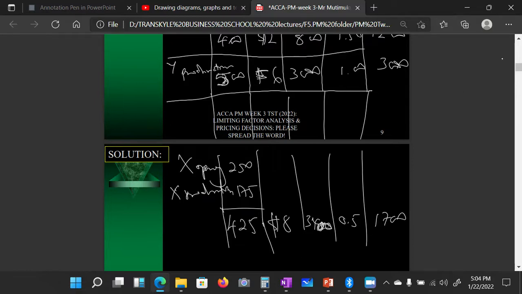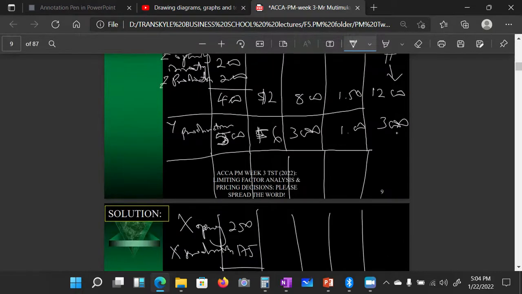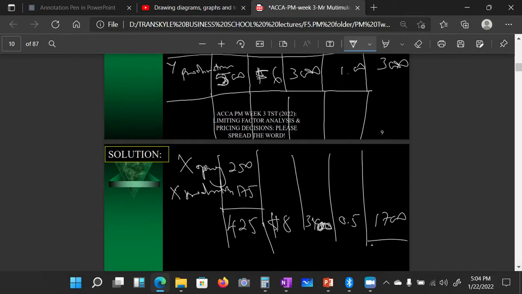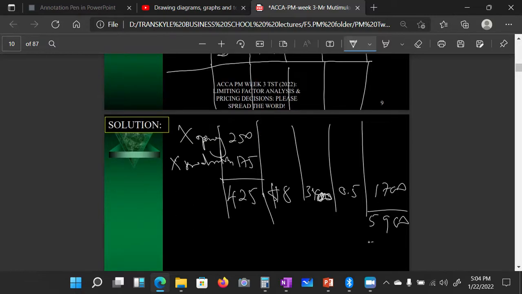So we have to add these figures: 1,200 plus 3,000 is 4,200, plus 1,700 is 5,900. This is the total contribution.